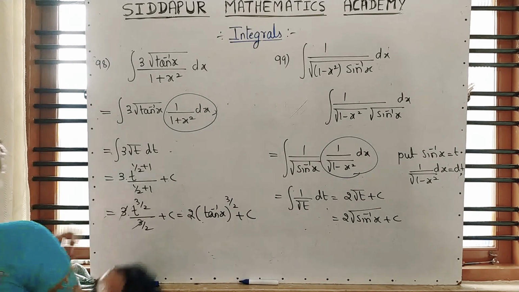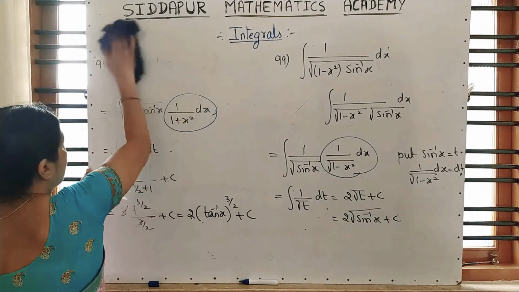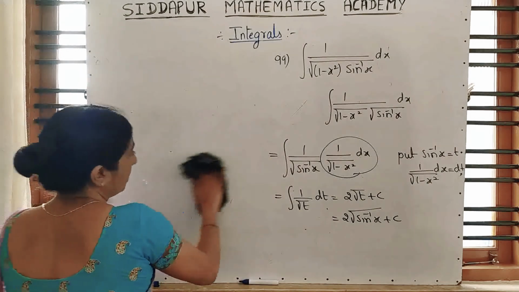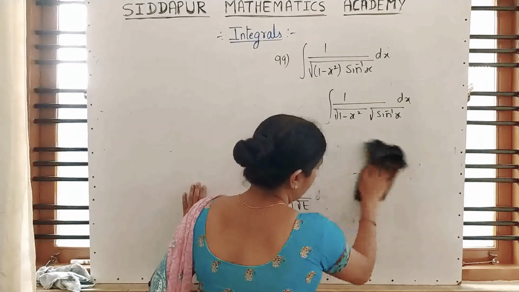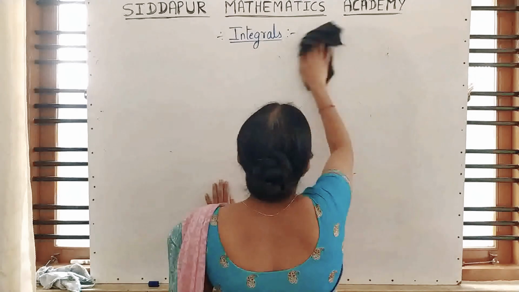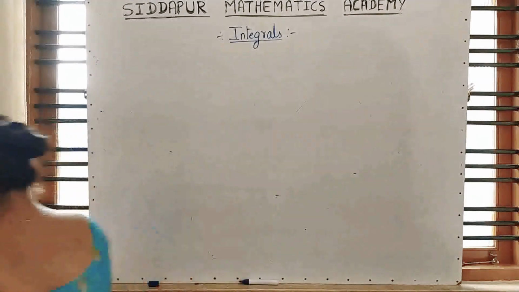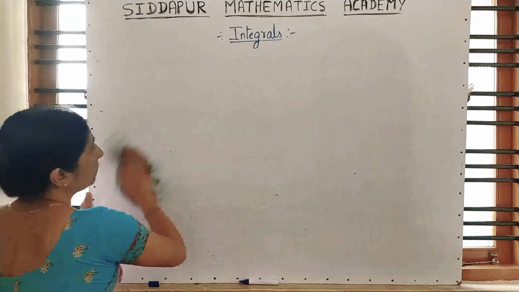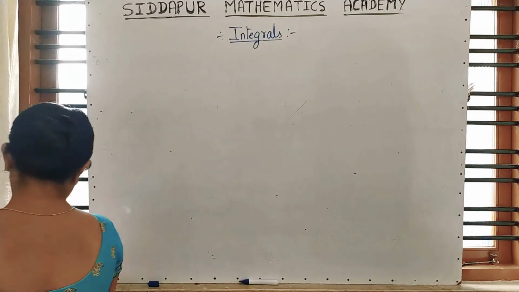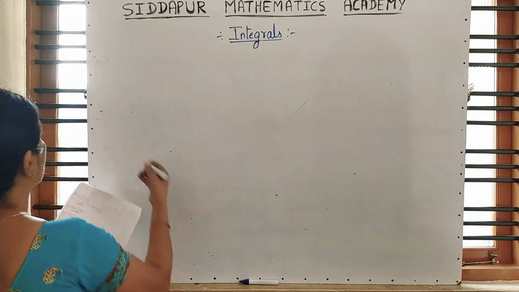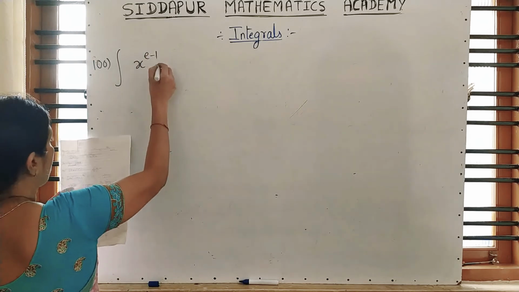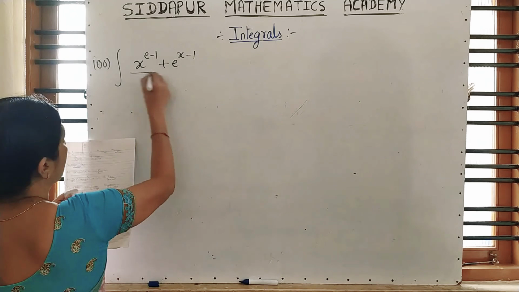Next, moving to the next question. Question number 100. X raised to e minus 1 plus e raised to x minus 1 divided by.